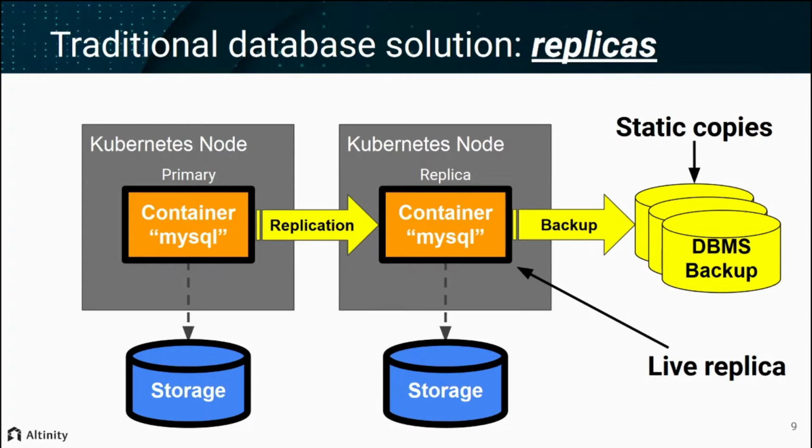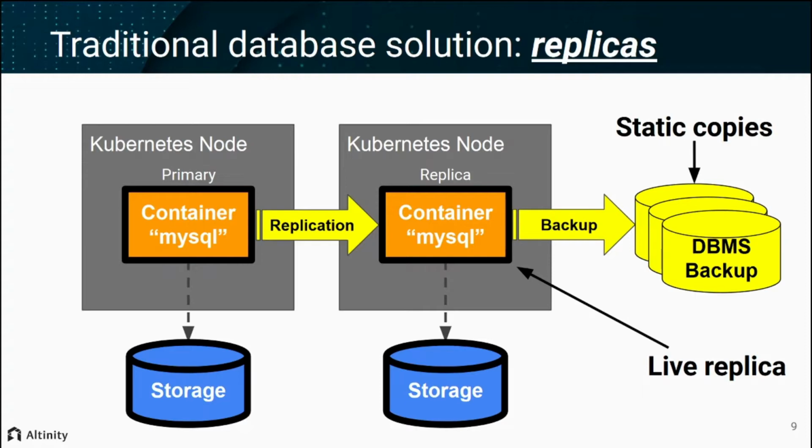The other kind of replica is a static copy, which is represented by a backup. You can take those replicas, and this is again a very common way that this is handled in MySQL. From time to time, you'll run a backup of the MySQL replica, and then you'll store that backup in another location in case you need to make more replicas at a later time.